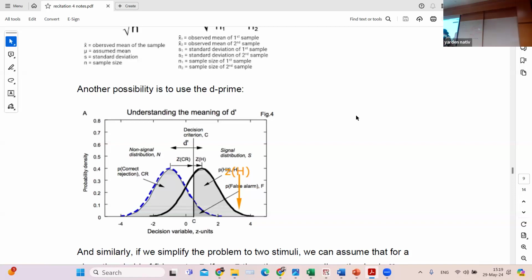Okay. So D prime represents how far two distribution means are from each other, okay? And the way that we calculate D prime is that we take a specific axis and we call it the Z. Let's say this is a test that we have given to people with possible coronavirus, okay?